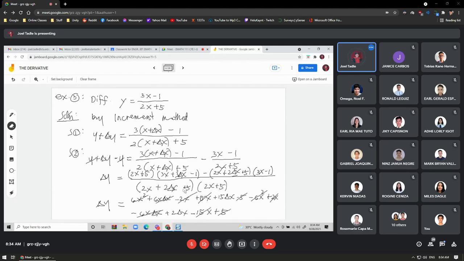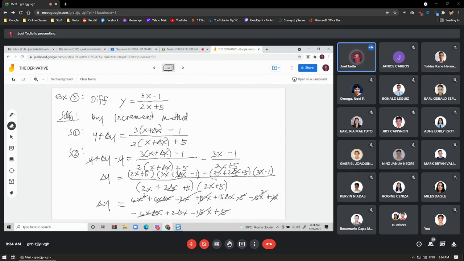Then we divide by this denominator. So we have 6x squared plus 6x delta x minus 2x, then plus 15x plus 15 delta x minus 5, then minus 6x squared plus 2x, then minus 6x delta x plus 2 delta x minus 15x plus 5.